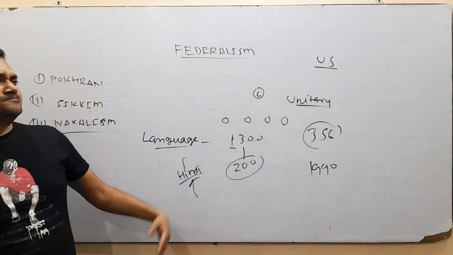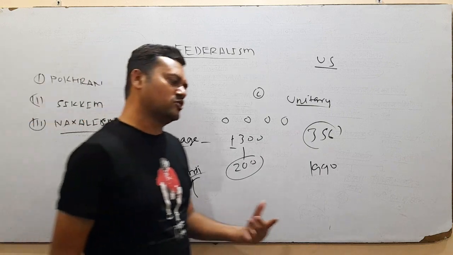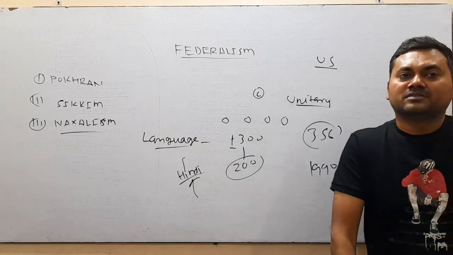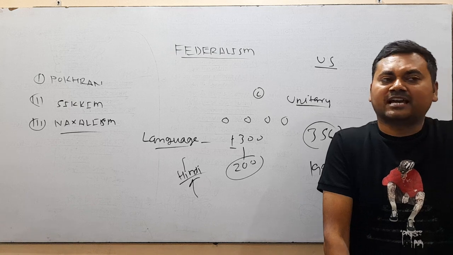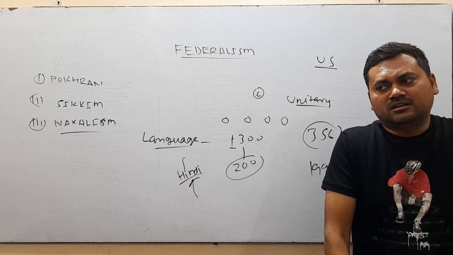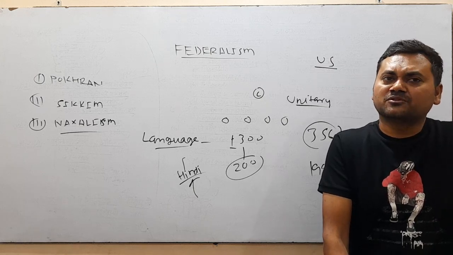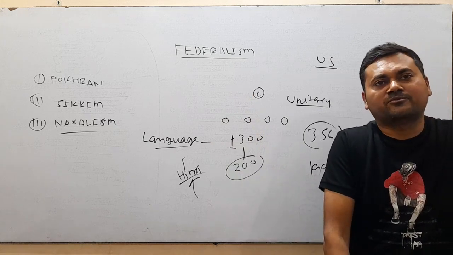So this coalition government, the use of Article 356, this language problem, they all were resolved in due course of time, and at present we are still in the process of reaching very close to the best possible form of federalism.